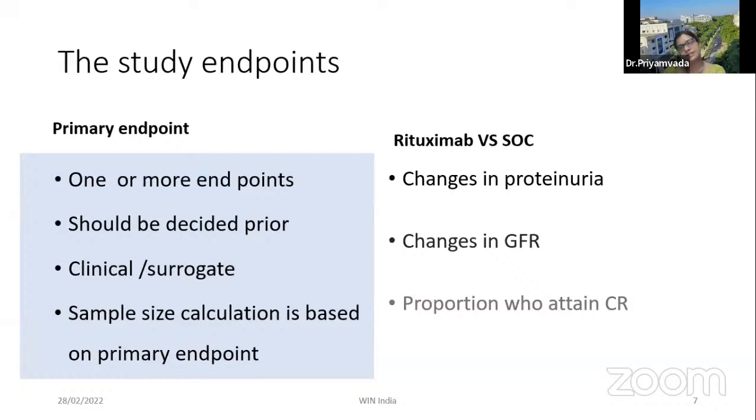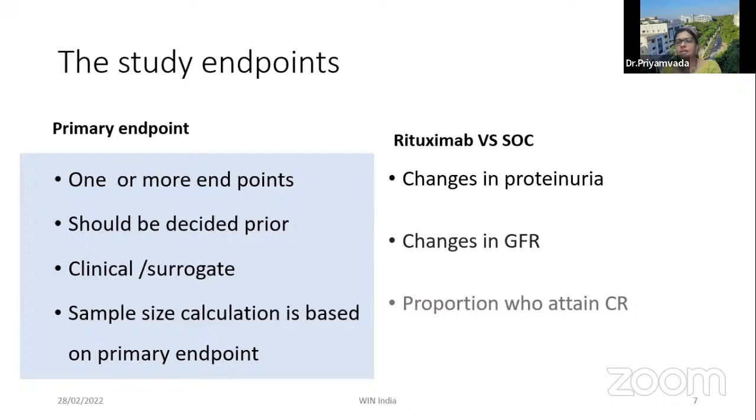We know that unlike diseases like membranous nephropathy or lupus nephritis, the proportion of patients who completely remit the proteinuria is going to be less. So putting the primary objective as people who attain complete remission, possibly there is a chance that we might not actually get sufficient people to reach the endpoint. So it might be better to take the changes in proteinuria.